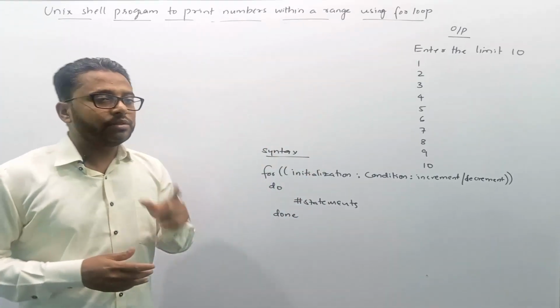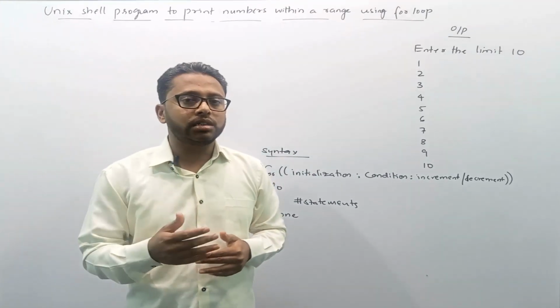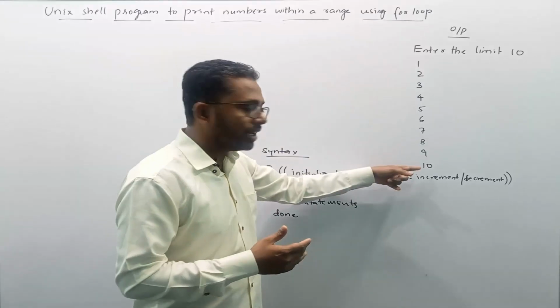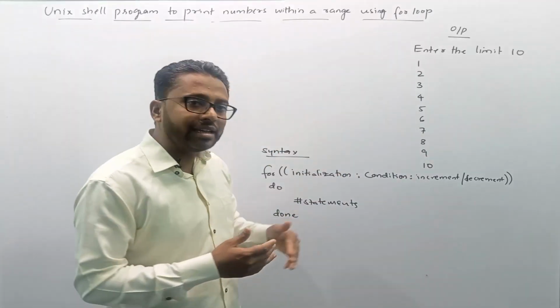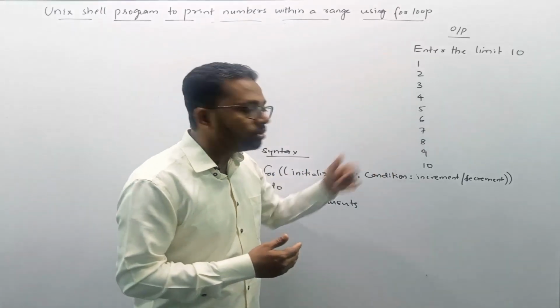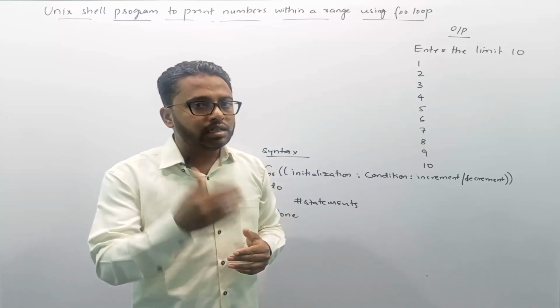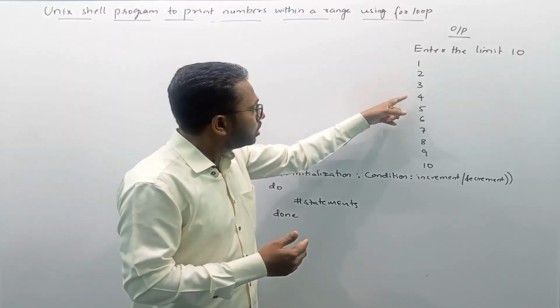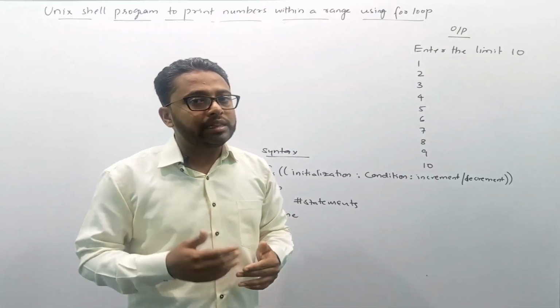In this example, we are trying to write a shell program which prints the numbers starting from 1 to 10, and our limit is 10. We are printing each and every number one by one, starting from 1 to 10. That means the task of printing numbers 1, 2, then 3, then 4 and up to 10 is performed in this case.